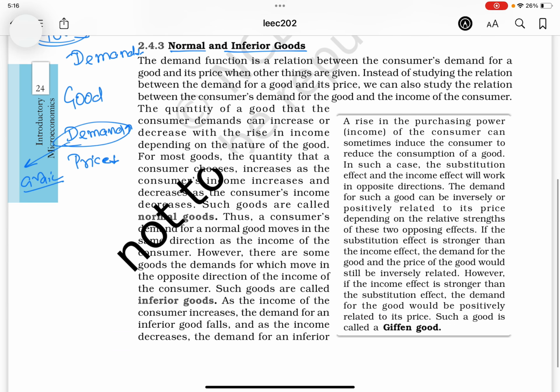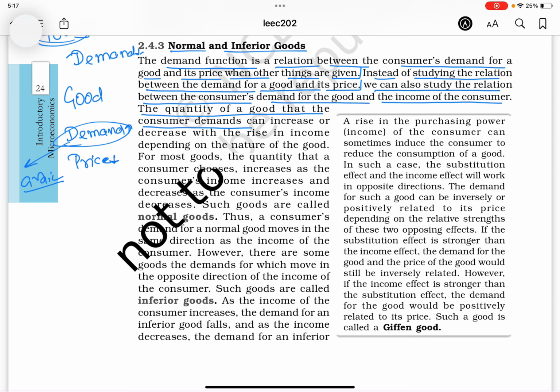Normal and inferior goods. The demand function is a relation between the consumer's demand for a good and its price when other things are given. Instead of studying the relation between the demand for a good and its price, we can also study the relation between the consumer's demand for the good and the income of the consumer. The quantity of a good that the consumer demands can increase or decrease with the rise in income depending on the nature of the good.